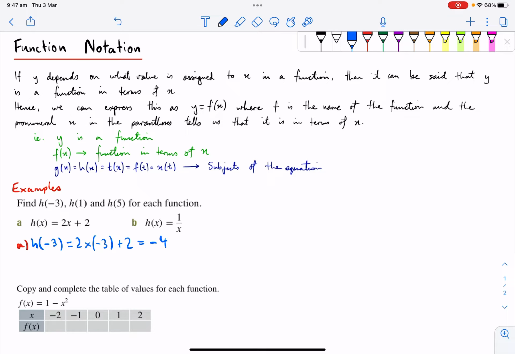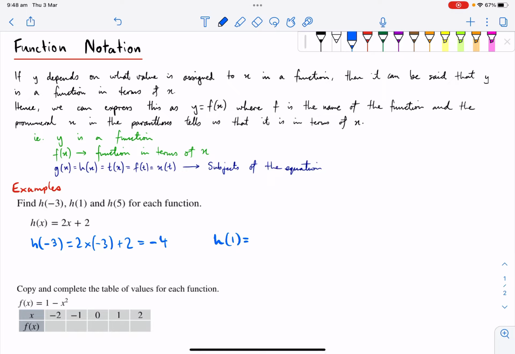And that's that. I'm actually going to reduce this to the one question. That should be enough. All right. And then if we look at the next bit, we want h(1). So h(1) means I replace this 1 into the x here.